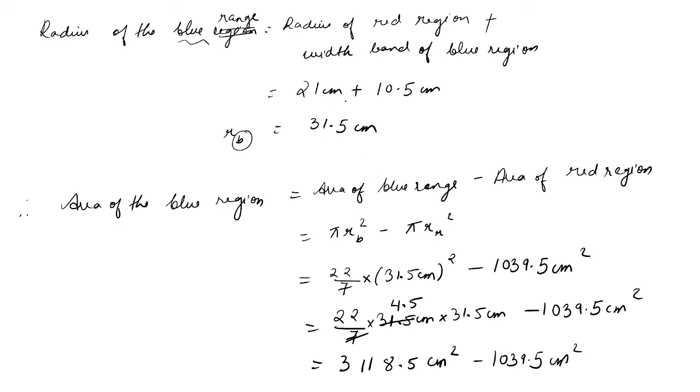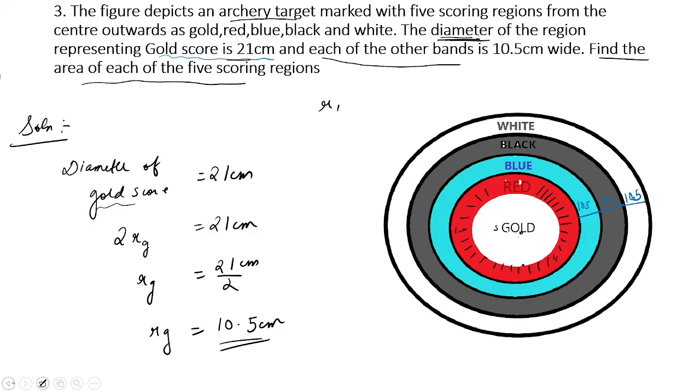The value of this, let's see. Let me just go back, once I'm getting stuck somewhere. This is going to be 10.5 plus 10.5, 21 plus 10.5, yes.